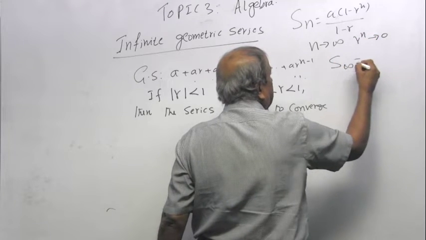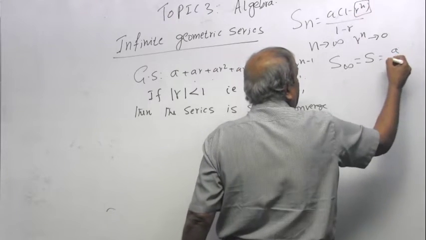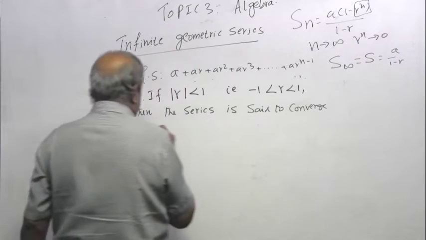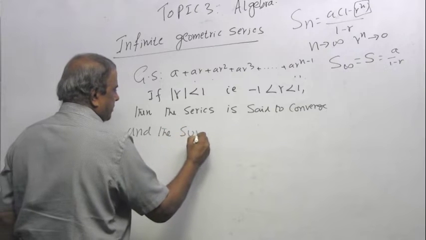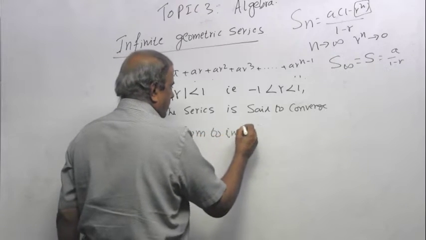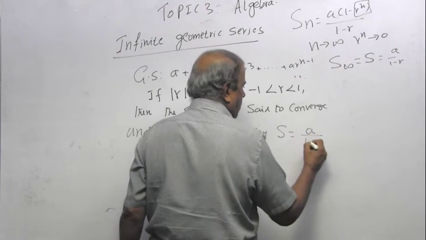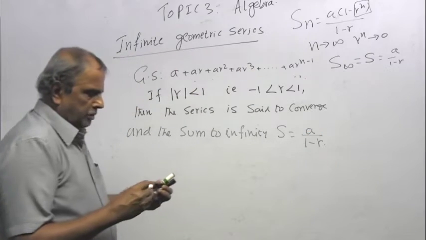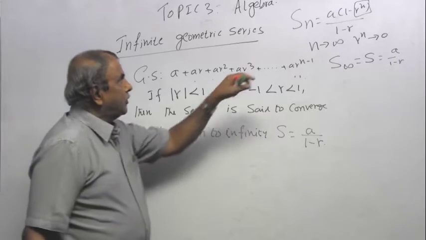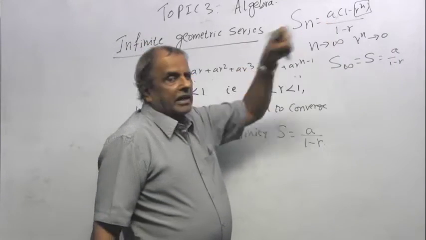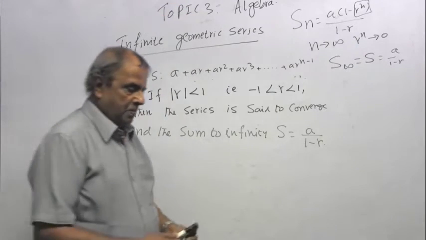So the sum to infinity, we call it S, equals a over 1 minus r. I don't think the a over 1 minus r formula is in the formula book, but you can always figure it out by taking the Sn formula and assuming that r to the power n practically becomes 0. Theoretically, it's never 0.